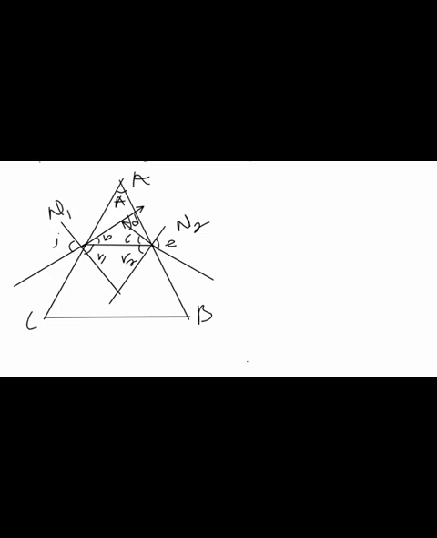Okay, now let's start. The sum of the angles in this triangle is 180. We all know that the sum of angles in a triangle is 180, but we don't know the angle here and we don't know the angle here. But we know that here is 90 degrees and here is also 90 degrees.